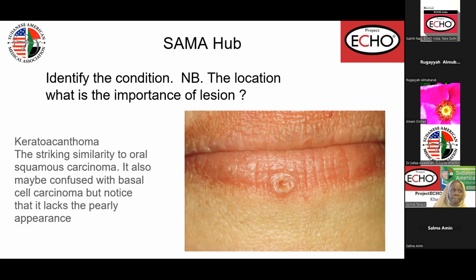So this looks like a keratinized lesion on the edges, and it has concentric circular shapes, which is more compatible with keratoacanthoma.